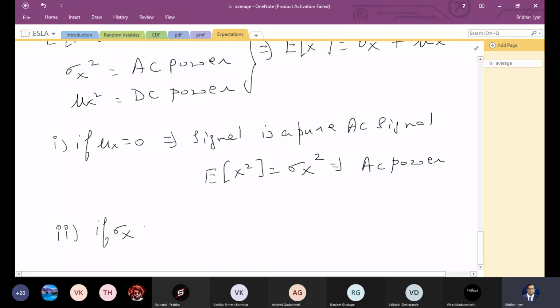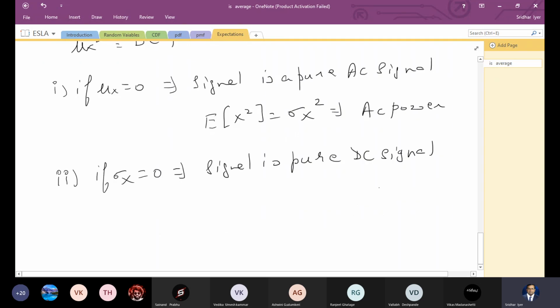If sigma x is 0, the signal is a pure DC signal. This is the kind of signal that we require for charging our laptops and mobile batteries. We need a pure DC signal, a constant signal, right? And in this case, E of x square will just be purely mu x square, and all you get is DC power.